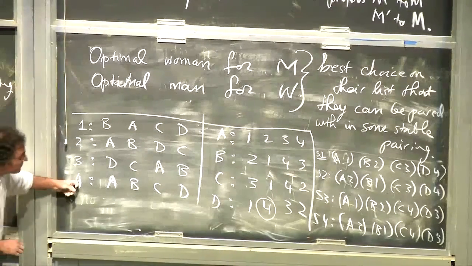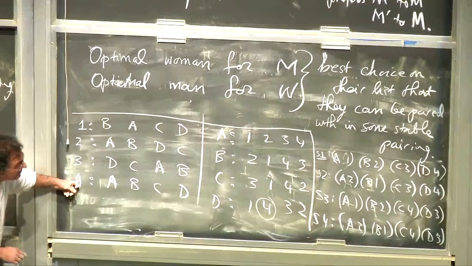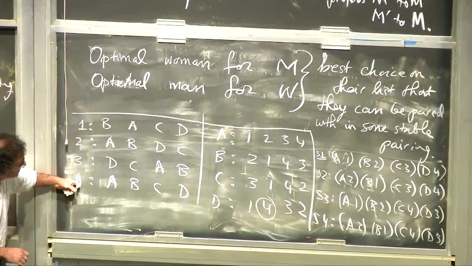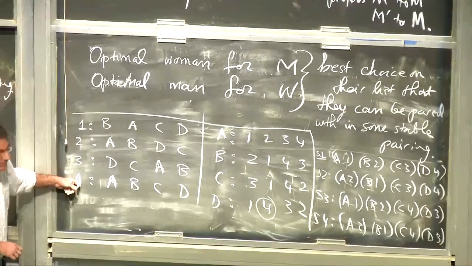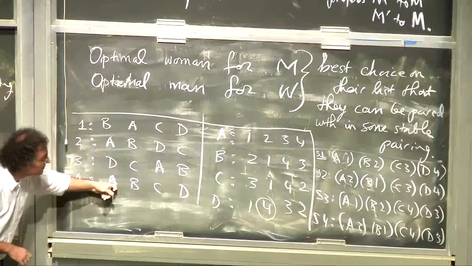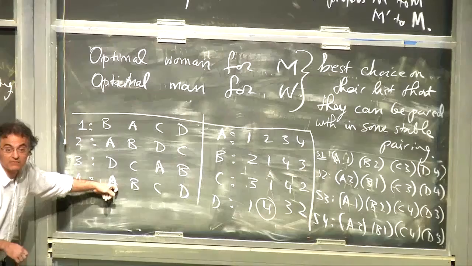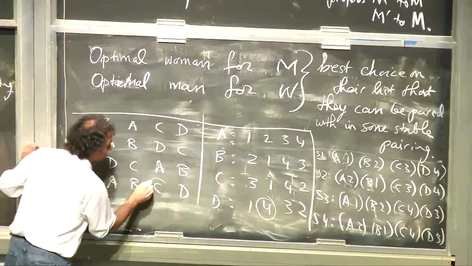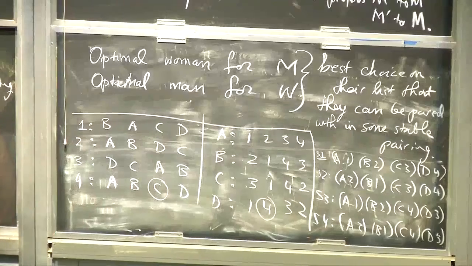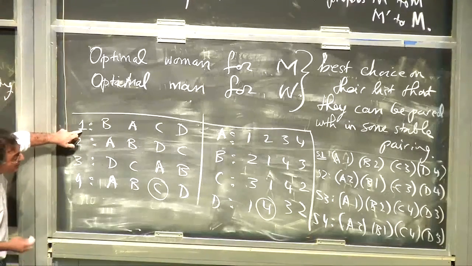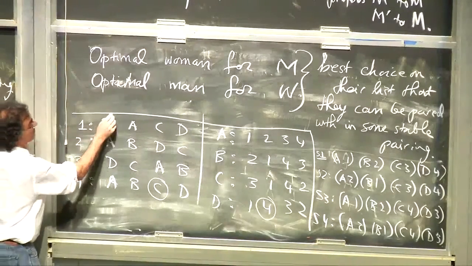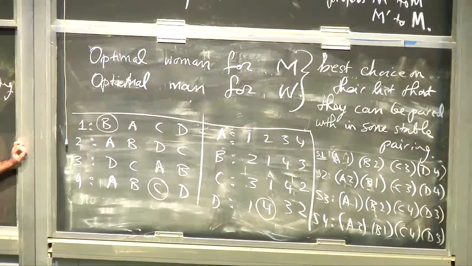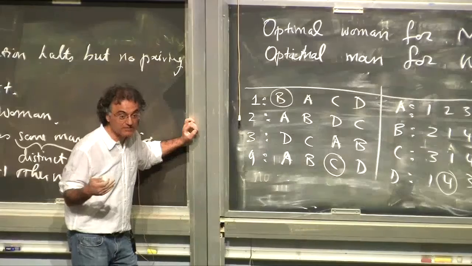What about for 4? 4 can be paired up with either C or D. There's no way that he can be paired up with A in a stable pairing. So the optimal woman for him is C. On the other hand, for 1, he can be paired up with B. So that's his optimal. Is it clear what the notion of optimality means?